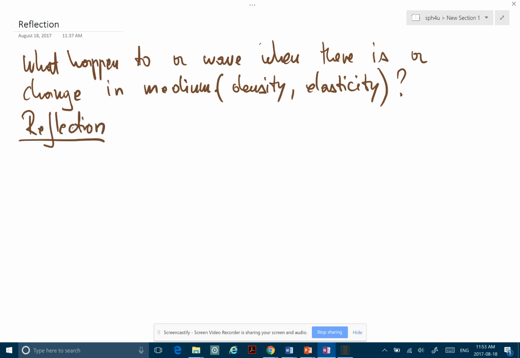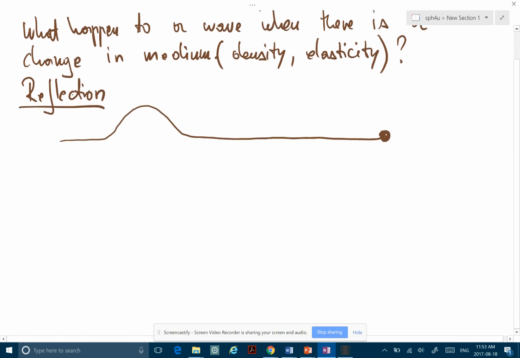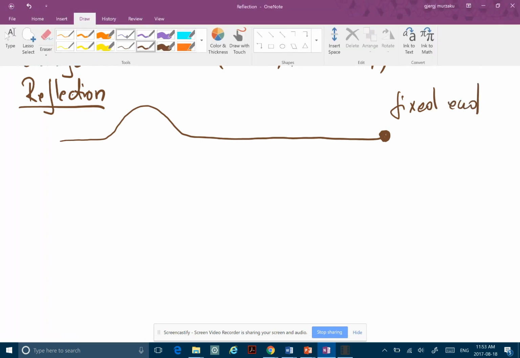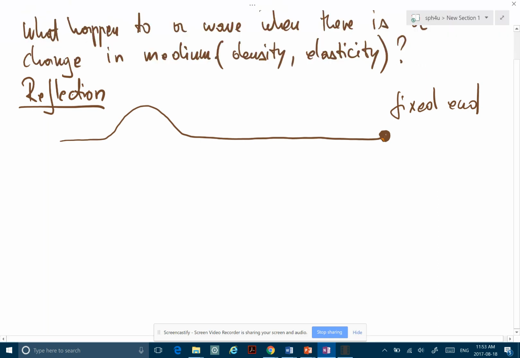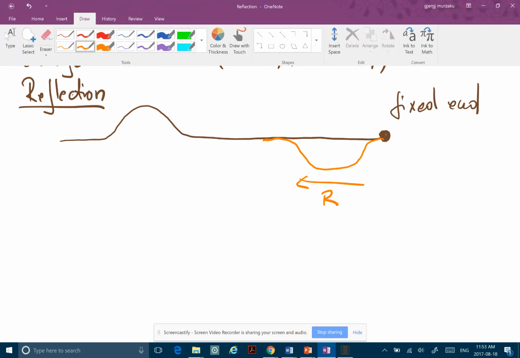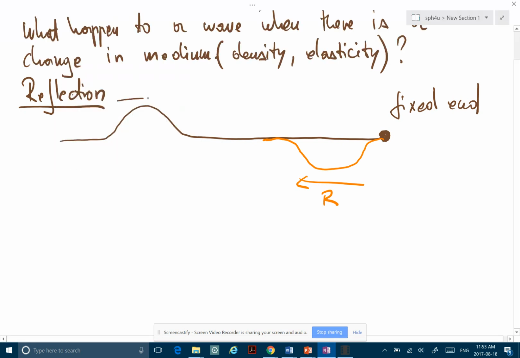All right, so we have two types. One is when a wave goes from a medium that is low density to another medium that is high density, and as you recall, we call that a fixed end. What happens is that the wave will actually reverse, will be inverted. So this is the reflected wave, and this will be the transmitted wave.